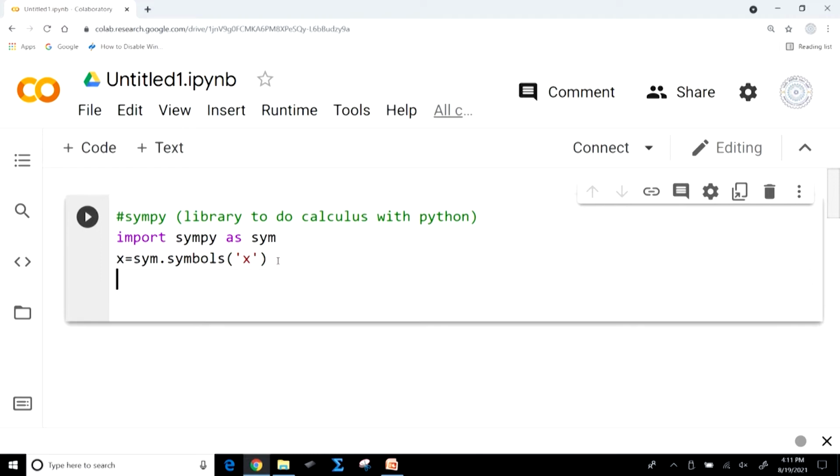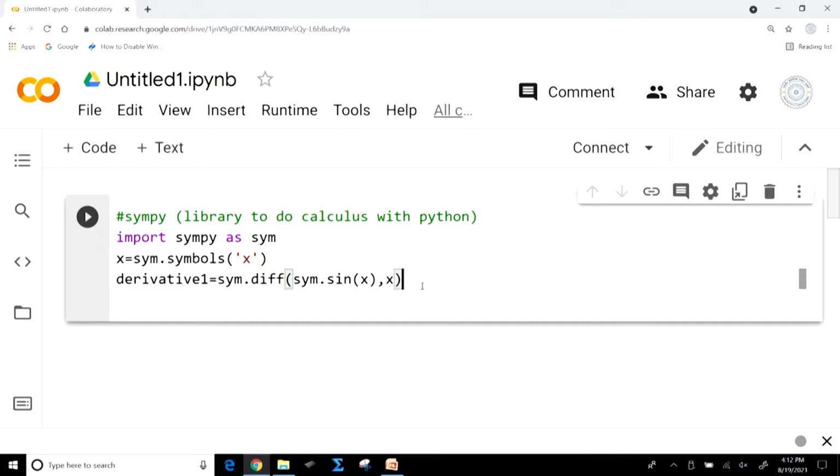Now, suppose we want to find out the first derivative of, say, sin x. We denote it derivative1, which is equal to sym.diff. It is the way to calculate the derivative of a function. We want to calculate the differentiation of sin x, and sin x is in the SymPy library, so we call it sym.sin(x) with respect to x, of course.